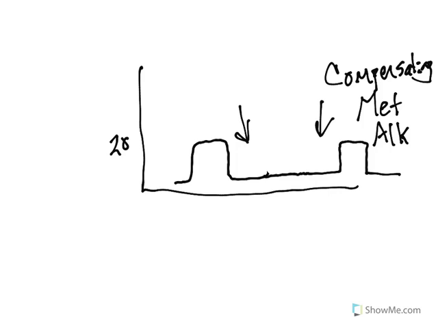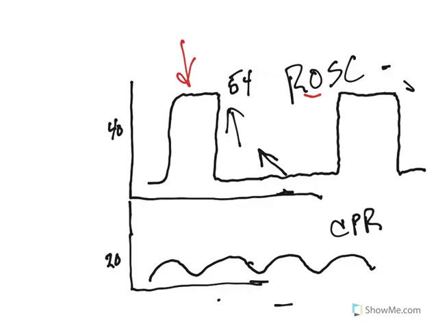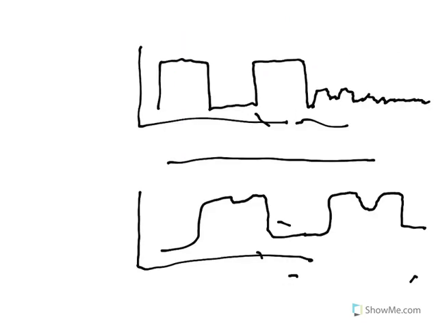So that's sort of the basics of end-tidal CO2, and what we're seeing with these patients. What you're more likely to see on the test is not things about compensating metabolic acidosis and alkalosis. You will probably see stuff about respiratory alkalosis and respiratory acidosis, respiratory stuff. And then, of course, you will definitely see different types of waveforms and different types of patterns. I may ask, what is that pattern indicative of?